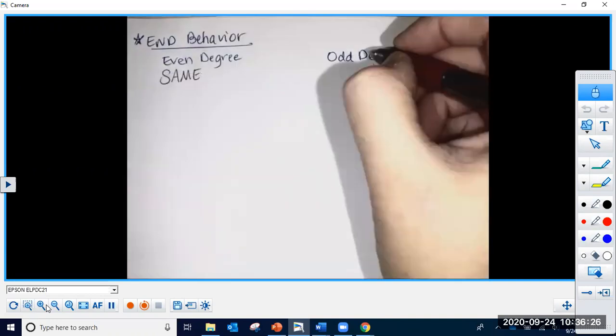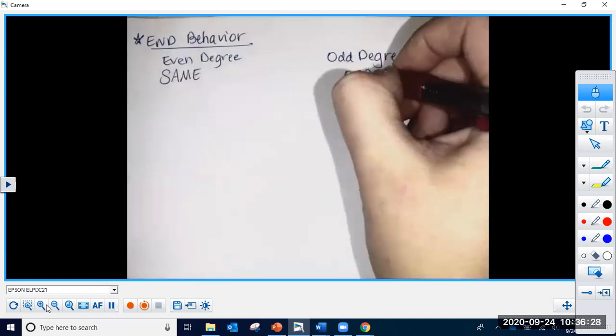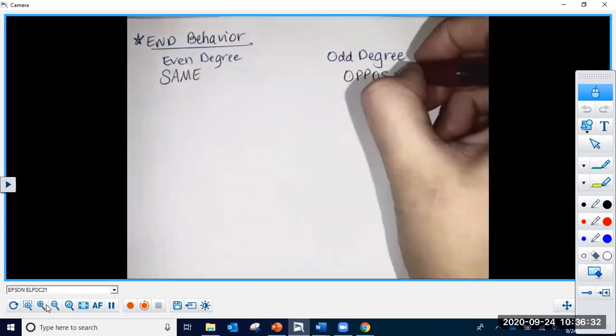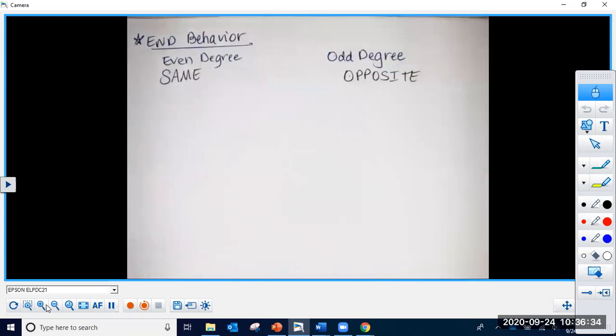Odd degree have the opposite. So let that, odd, opposite, both start with O, be a way to help you remember it. Even degree polynomials are either going to go up on both sides, or down on both sides. And odd degree is either going to go up on the left, down on the right, or vice versa.